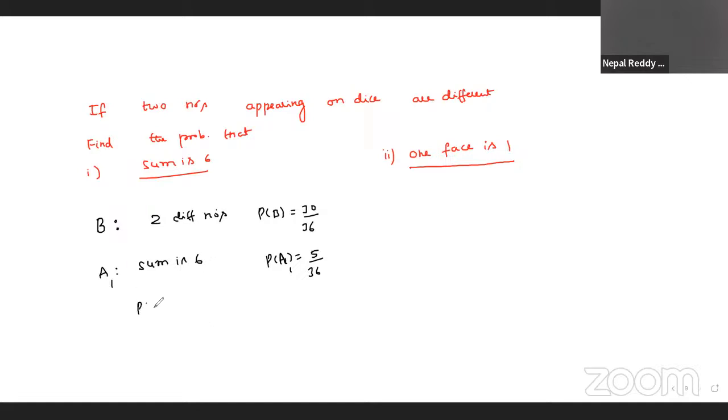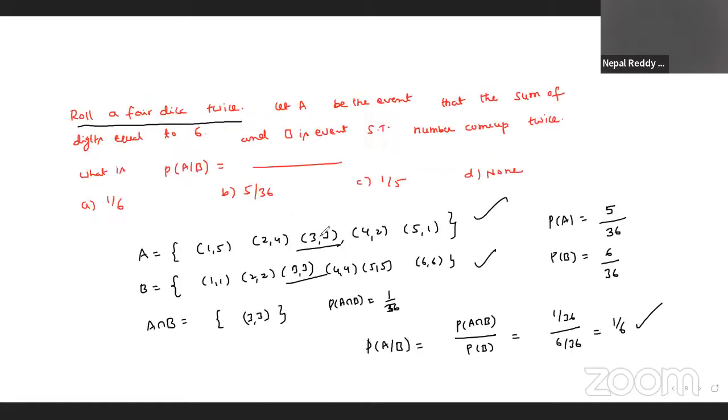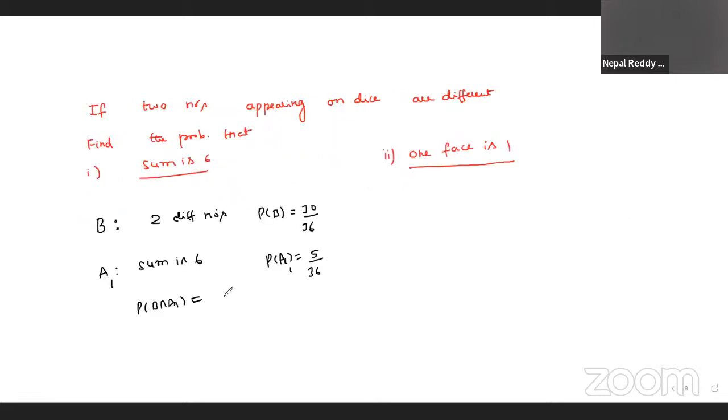And their intersection, probability of B intersection A1. Only one has the same number, remaining 4 are different. Therefore, intersection gives 4 by 36 probability.